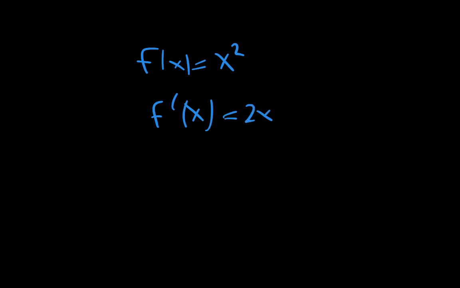So by the power rule, if we have f of x is equal to, say, x squared, then f prime of x is equal to 2x, right? And we want to find, let's say at 1, f of 1 is equal to 1 squared, so we get the point (1, 1).